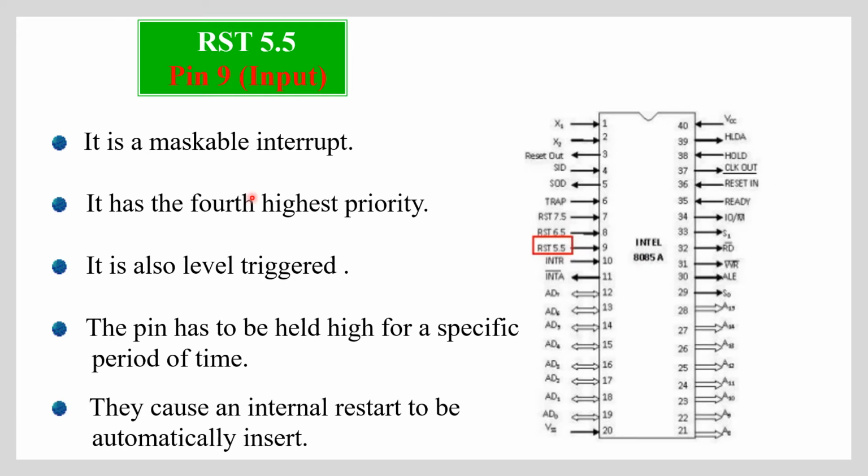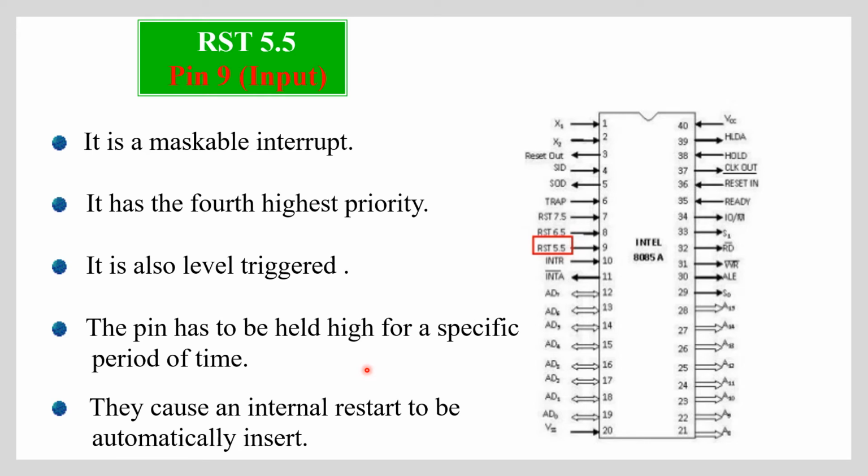Now the next interrupt is the RST 5.5 interrupt. This signal is used to interrupt the microprocessor. It is again a maskable interrupt. It has the fourth highest priority. It is also level triggered, as is the 6.5 interrupt. The pin has to be held high for a specific period of time.